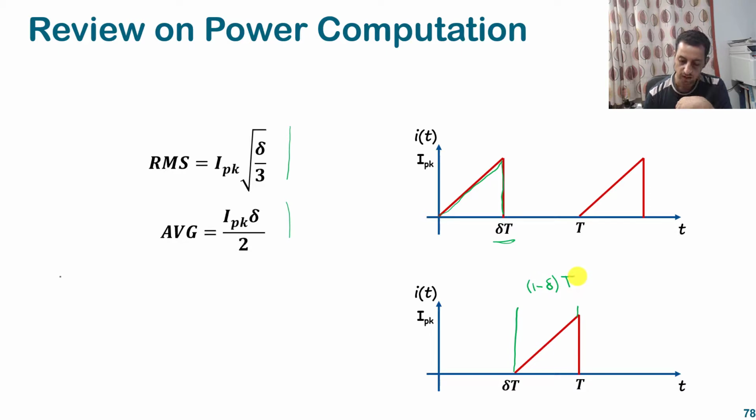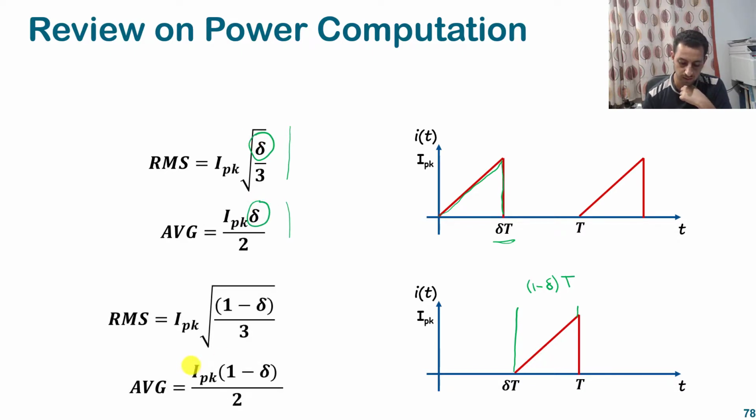What will happen to the average and RMS value? Instead of delta, I will replace it with 1 minus delta. I want you to learn this because sometimes you need to get the RMS value and you can change some parameters to look like what you have in your question.